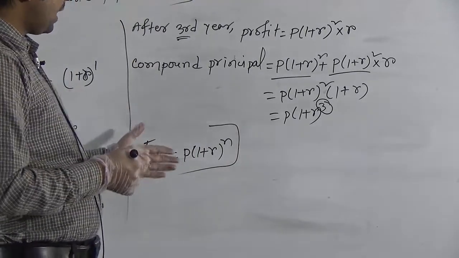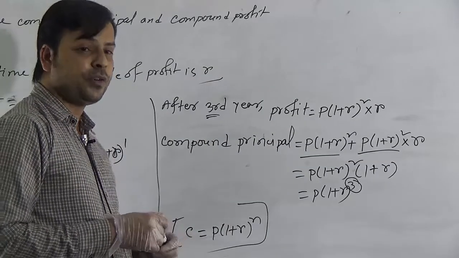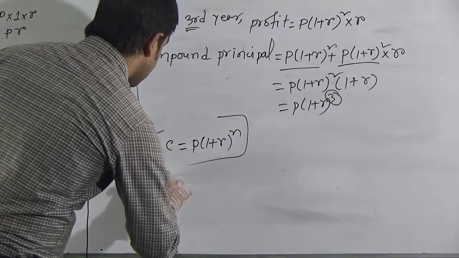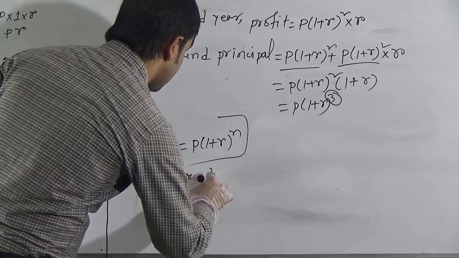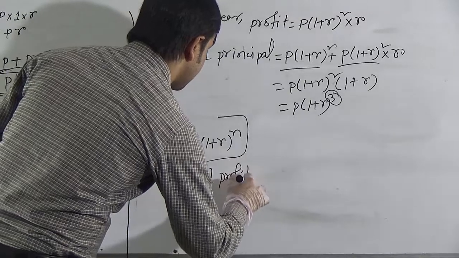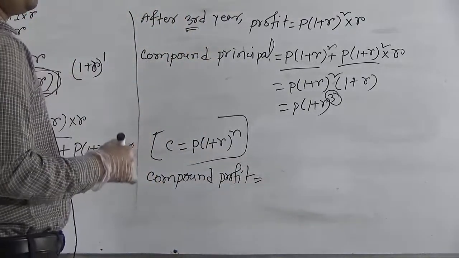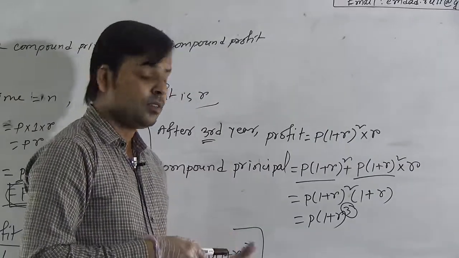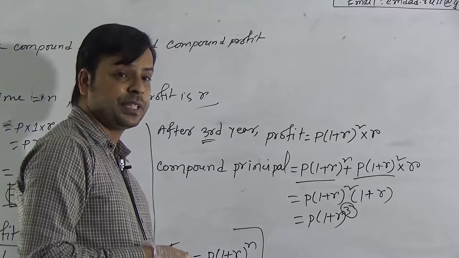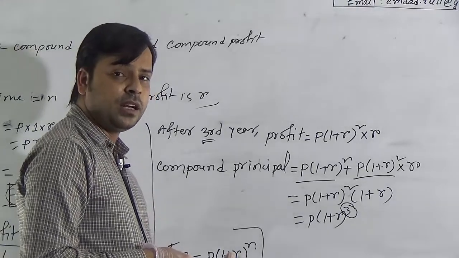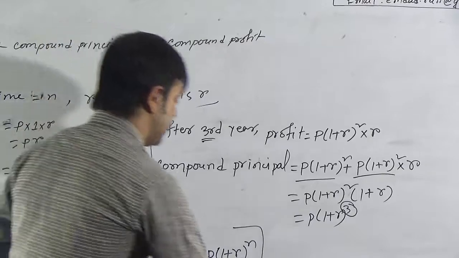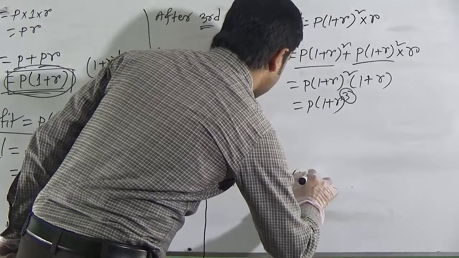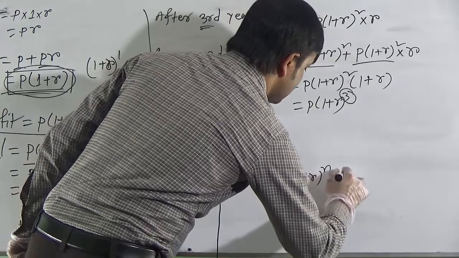Now, we need to find the formula of compound profit. So, we can write here compound profit. To find the compound profit, we have to subtract the principal from the compound principal. It means that we have to subtract P from P into 1 plus R whole to the power n.